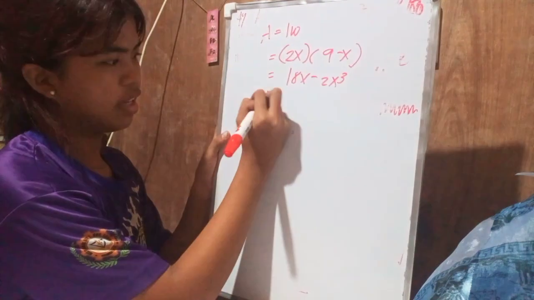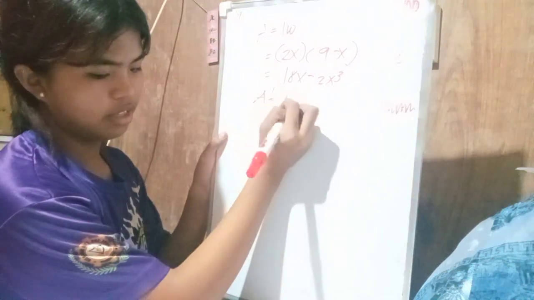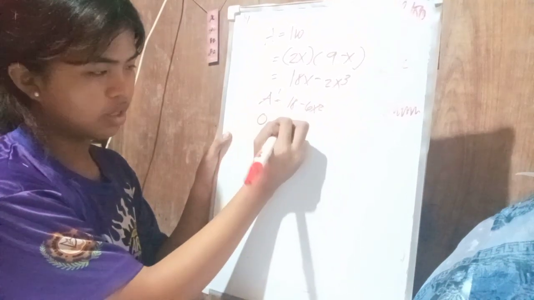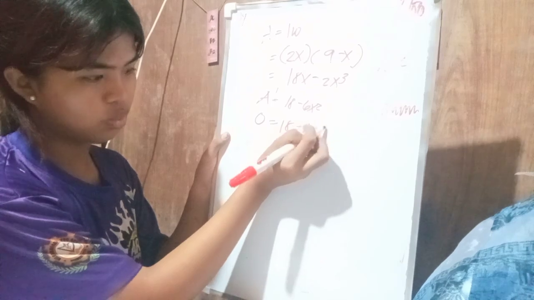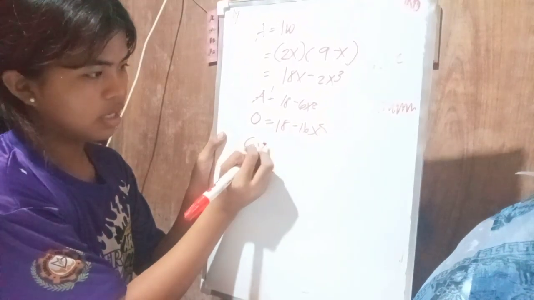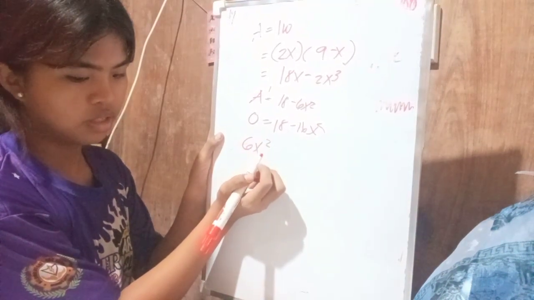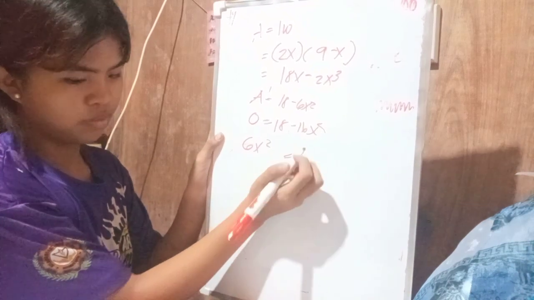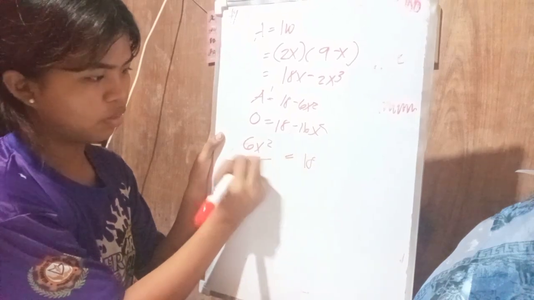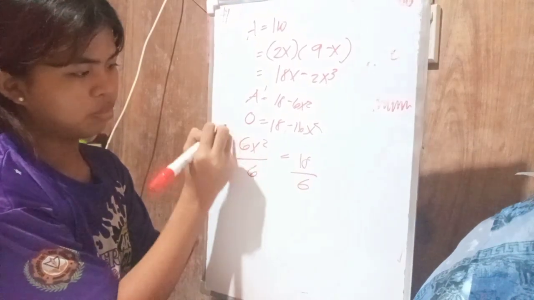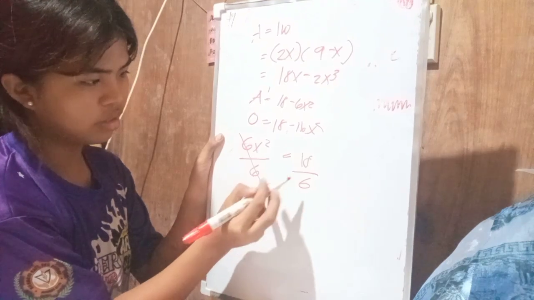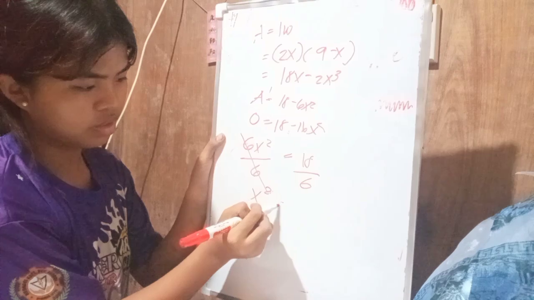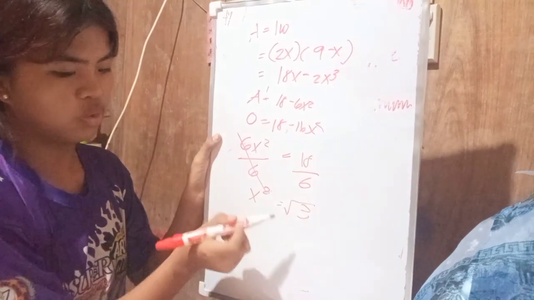Then its derivative is 18 minus 6x squared. So, 0 equals 18 minus 6x squared. So 6x squared equals 18. Divide both sides by 6, x squared equals 3.